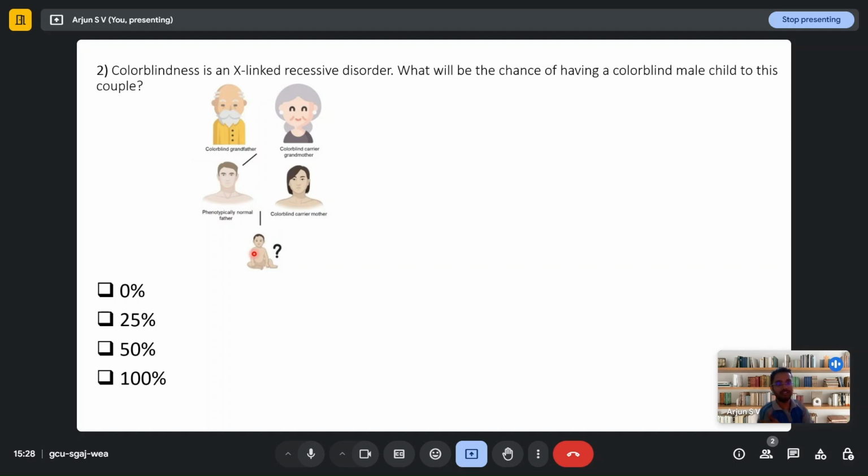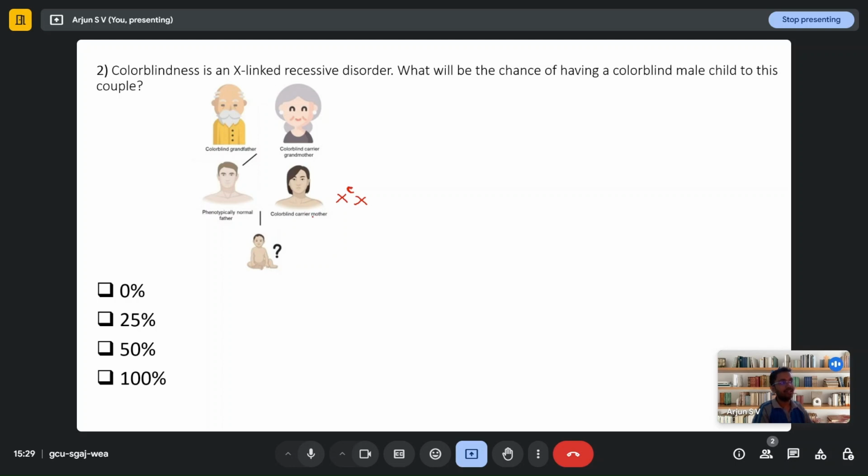This kind of problem is pretty simple. Colorblindness is a recessive disorder, so we'll carry on from this itself. I'll denote colorblindness using this C variant.